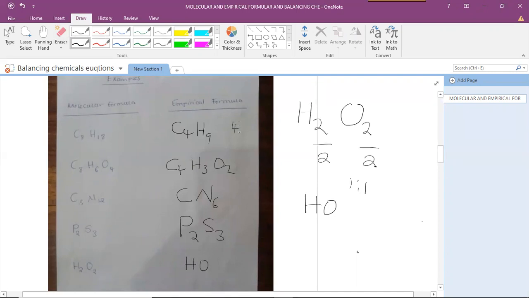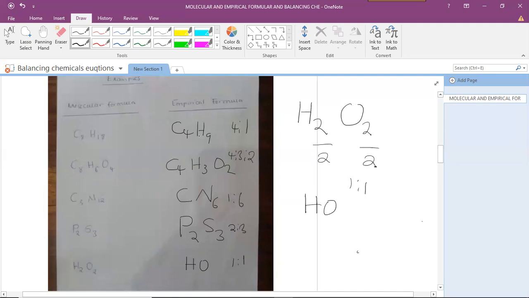So this is a 4 to 1. This is a 4 to 3 to 2. That's a 1 to 6 ratio. This is a 2 to 3, and this is a 1 to 1 ratio. In case the question goes beyond and says, what's the empirical formula and what is the ratio from the empirical formula? So the ratios you get are 2 to 1, 2 to 3, 1 to 1, 1 to 6, 4 to 3, 4 to 9.